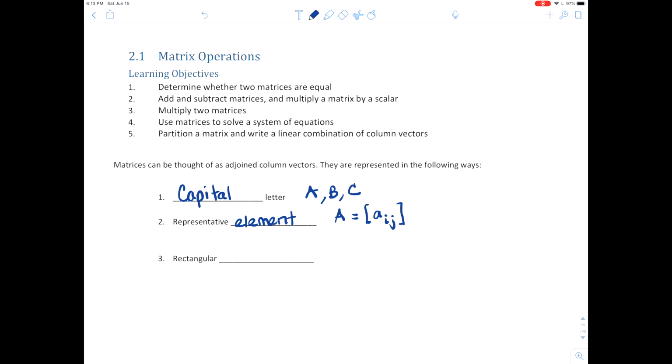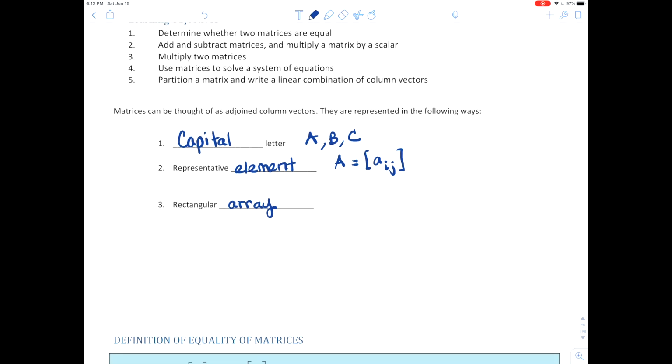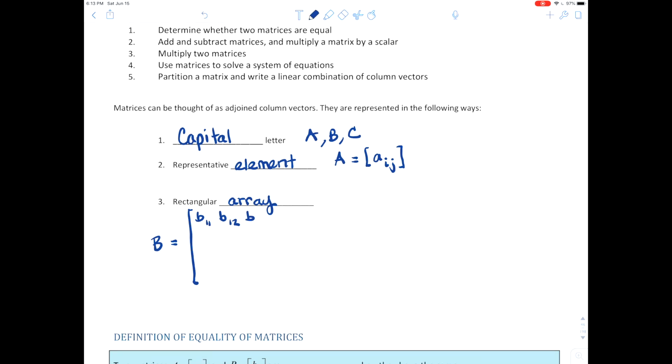And then a rectangular array is another way. This was always the way that looked kind of scary to me when I was learning about matrices, but it's really very informative, so try to take it that way. So you'd have maybe a B11, B12, B13, all the way down to some B1n.